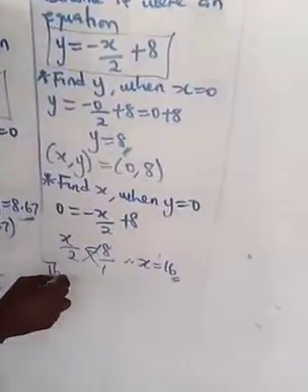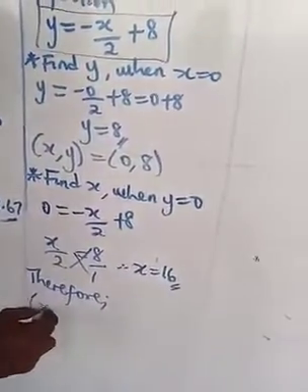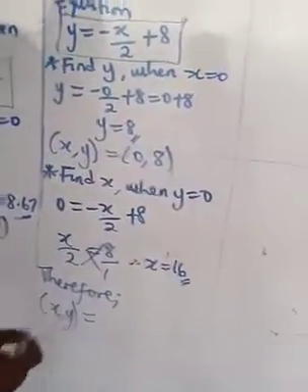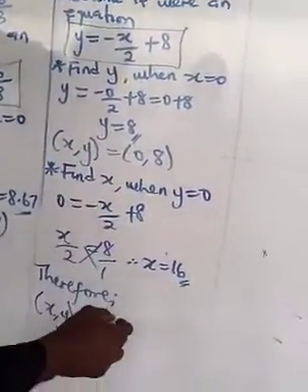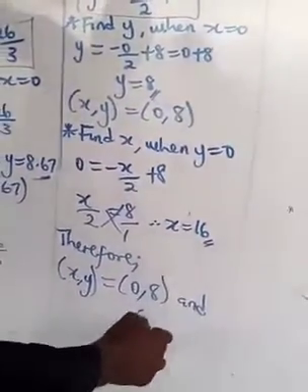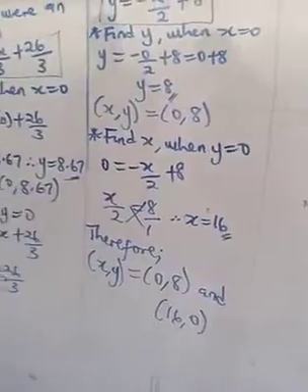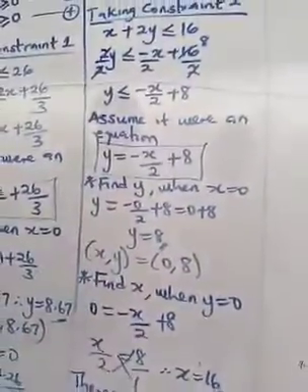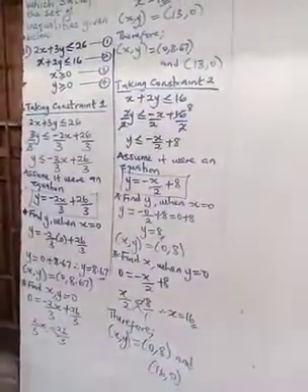Therefore the summary of the coordinates for constraint 2 is that when x is 0, y is 8, and when x is 16, y is 0. So we have 2 points for constraint 1 and 2 points for constraint 2. These are the points that we'll use to plot the graph.